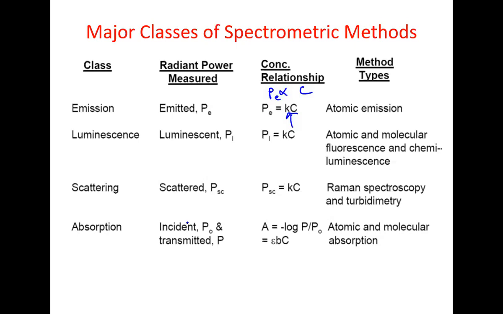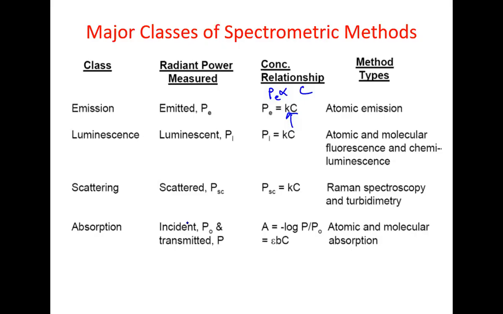In luminescence, we talk about atomic and molecular fluorescence and chemiluminescence. We talk about fluorescence because molecules luminesce. Then we have Raman spectroscopy and turbidimetry. You measure that scattered light, as in the oceans and the skies. So that is scattering of light.